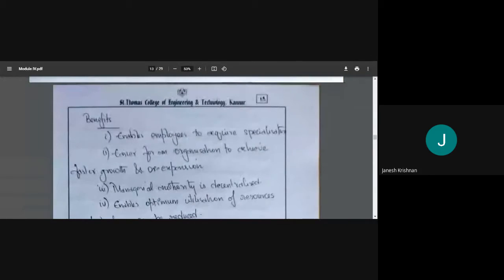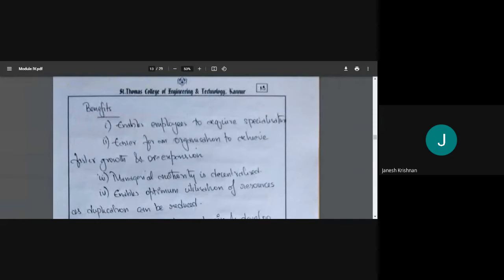Okay, matrix is followed. Then what are the benefits? It enables employees to acquire specializations, because I am working in that firm, so I have the chance to acquire specialization. It is easier for an organization to achieve faster growth or expansion, because everyone is specialized. Authority is decentralized, so there is not one single point of authority.